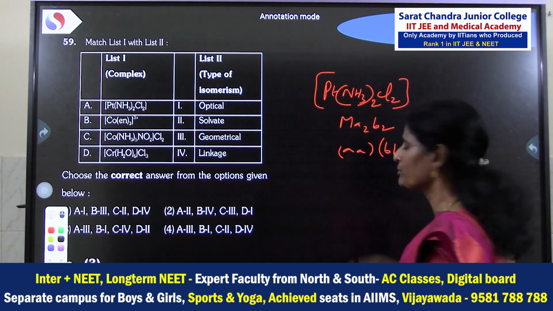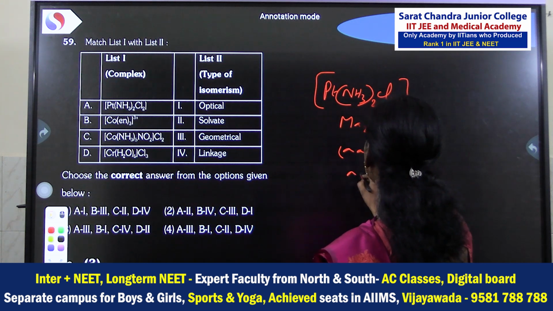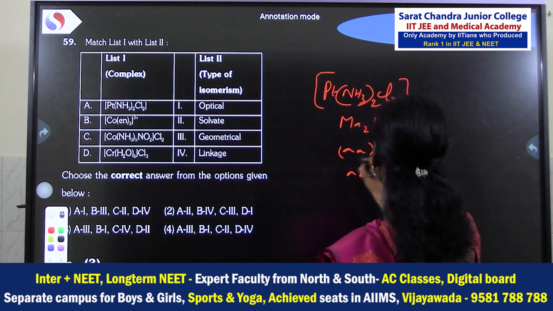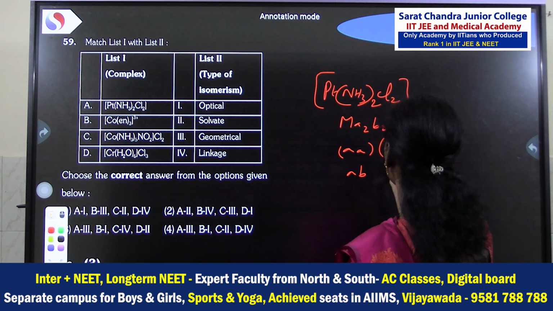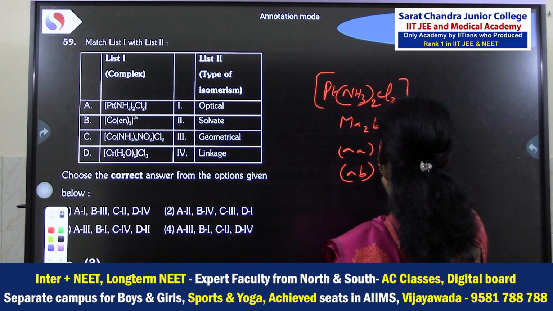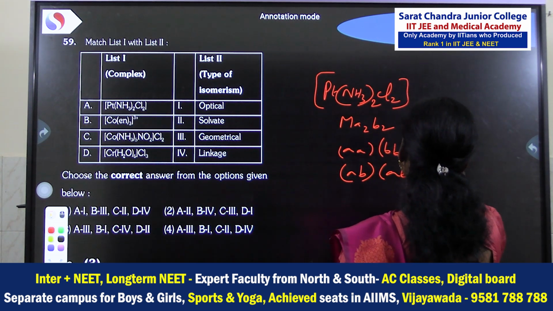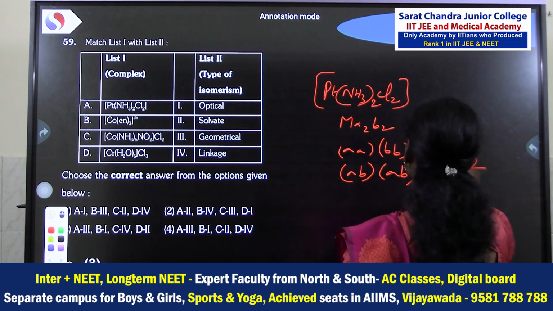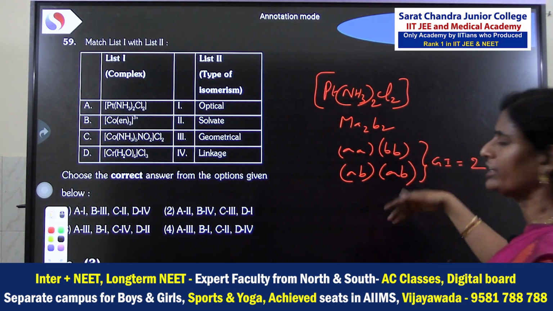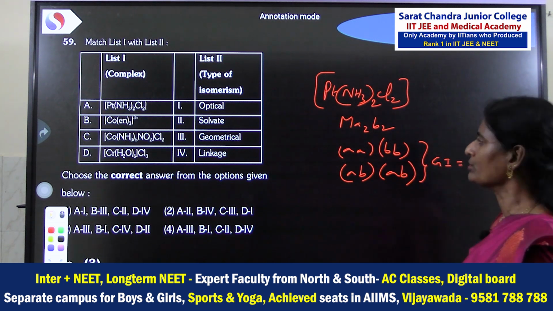If we write permutations and combinations, we are able to write 2 different combinations. One is A opposite A and B opposite B, the other is A opposite B and A opposite B. So we can write 2 different structures, which means geometrical isomers are 2.